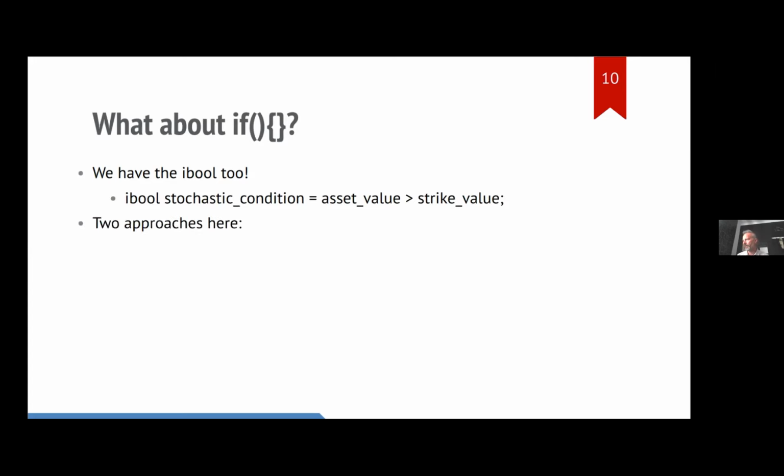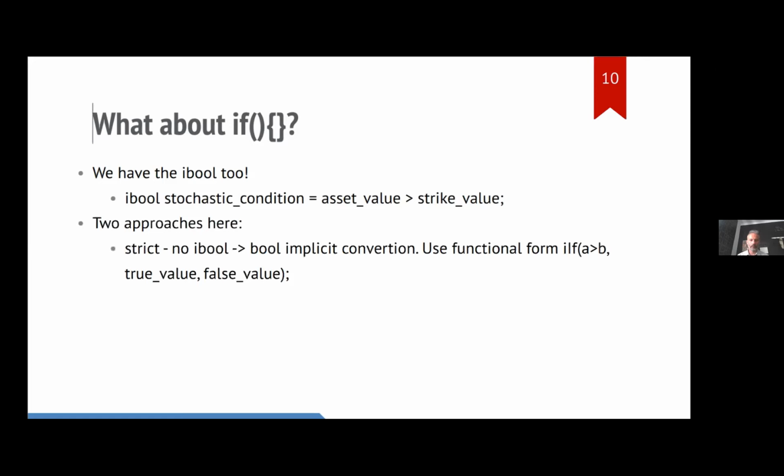So what next? Really two approaches. One approach is very strict. It gives you the compile time assurance that you will not have any problems. And what I mean by this, we forbid bool to bool implicit conversion altogether. So you can never write an if statement with a stochastic condition in it.